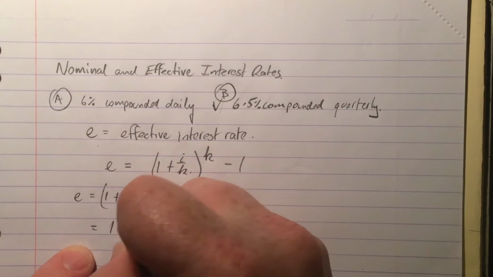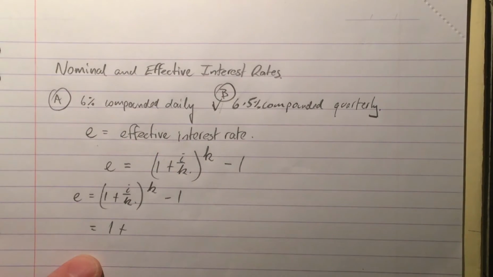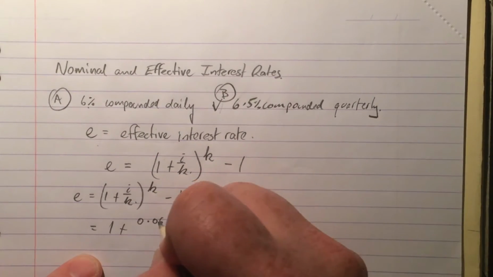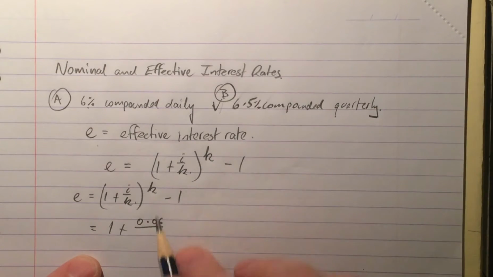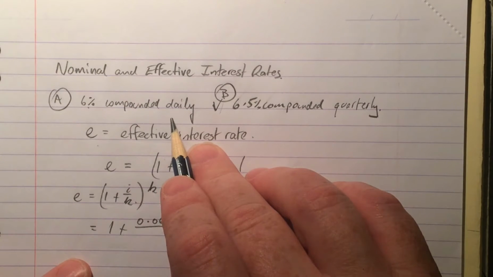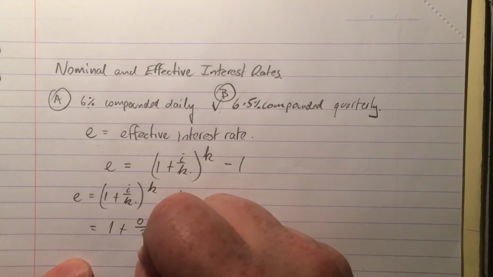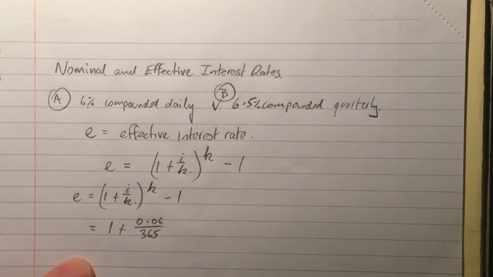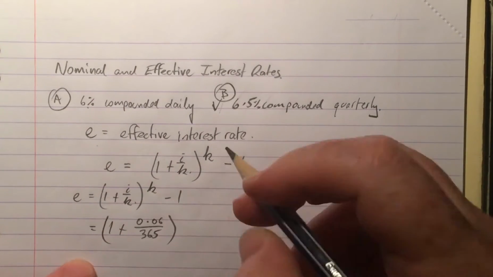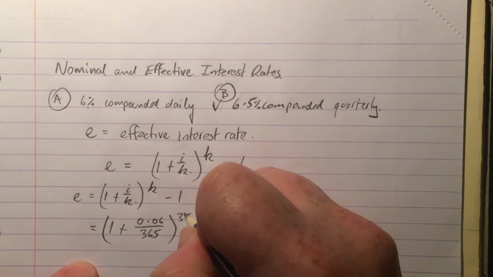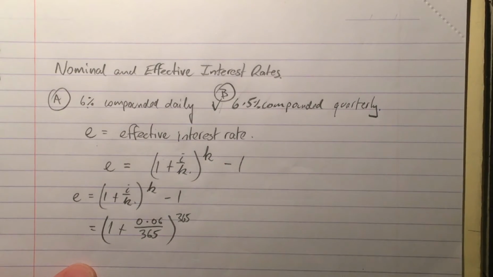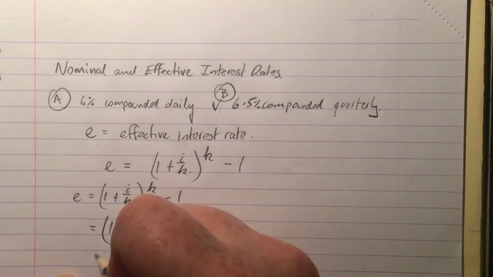So that will be 1 plus the interest rate as a decimal, 0.06, over the number of rests per year. It's compounded daily, so that will be 365, to the power of 365, minus 1.